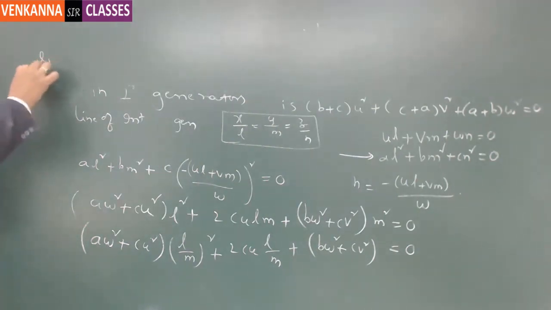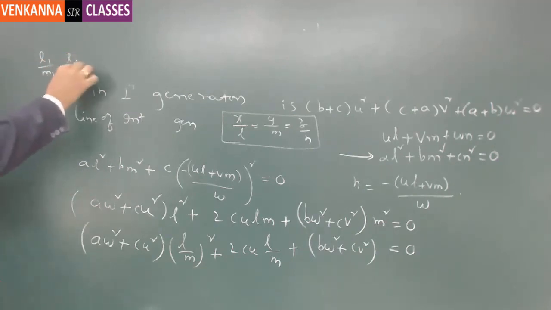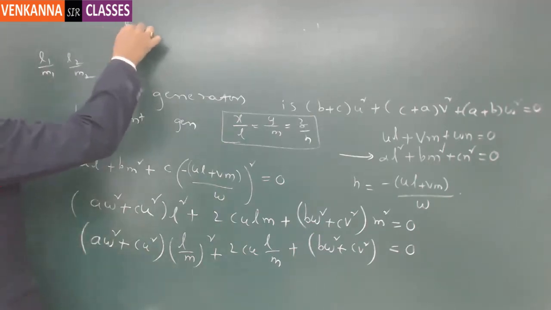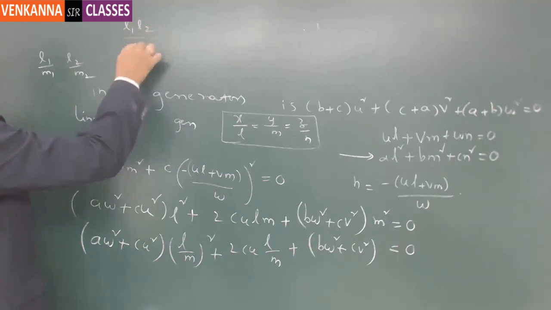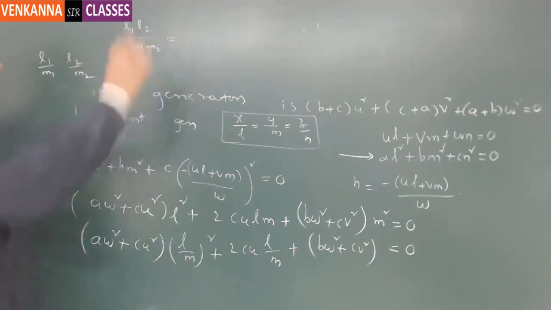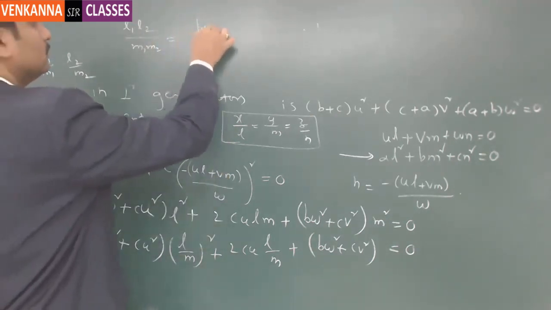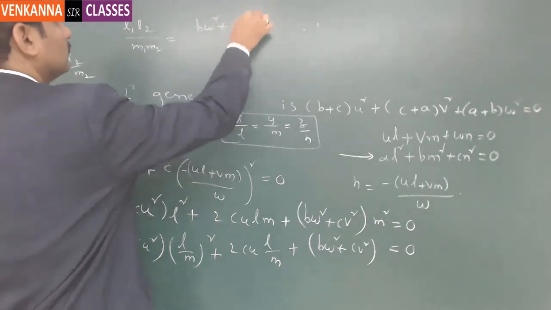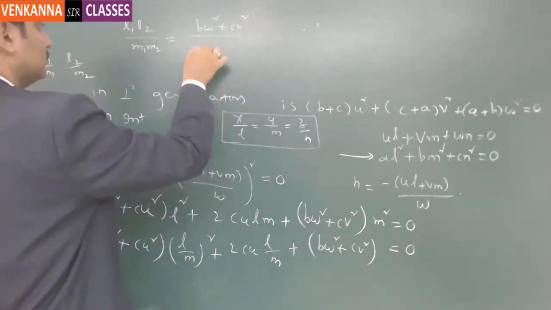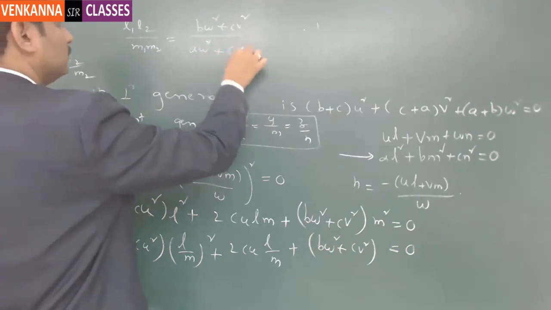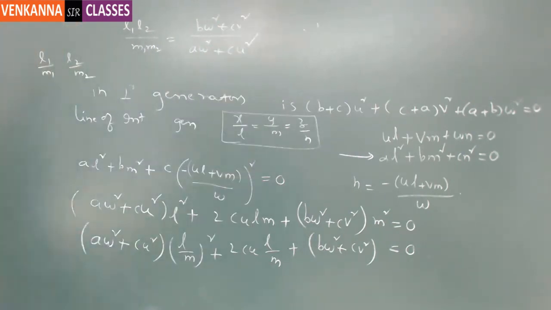Let us take one root as L1 by M1, another root as L2 by M2. Applying the product of the roots, you have L1 L2 by M1 M2 is nothing but the constant by the L square coefficient. We have written it like that.